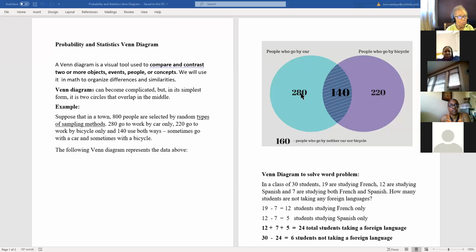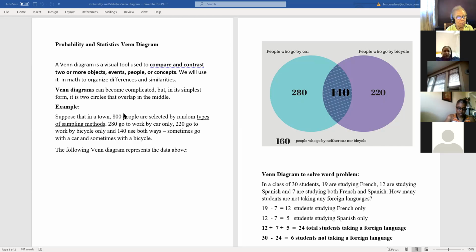So you have 280 by car, 220 by bicycle, and 140 that go both ways. Outside of the diagram, you have 160 people who do not go by car or bicycle. If you add all of these up, 280, 140, 220, and 160, you get 800.